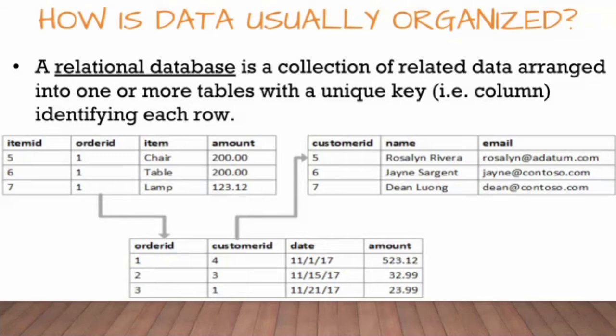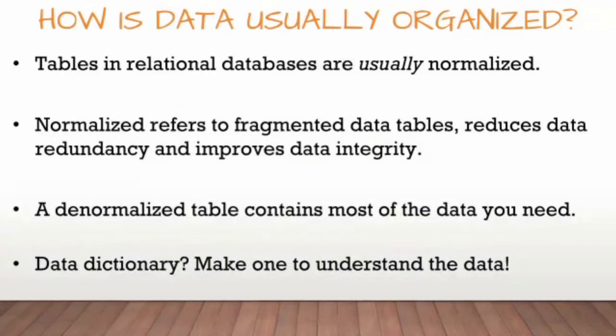But in terms of data analysis, it's easier if you just have everything in one table. That way, if you do aggregate functions like add up all the hours in one column, you can do that without having to go through multiple tables to get something like that. Okay, so tables in relational databases are usually normalized.